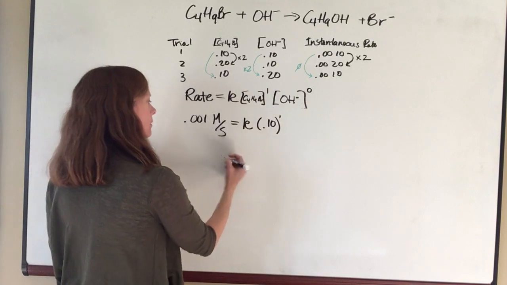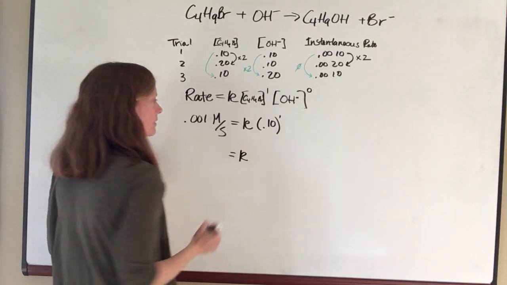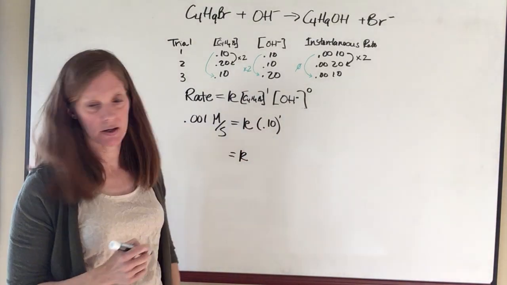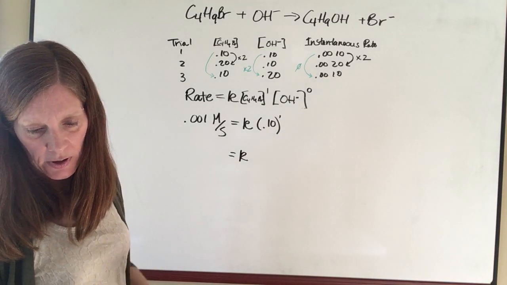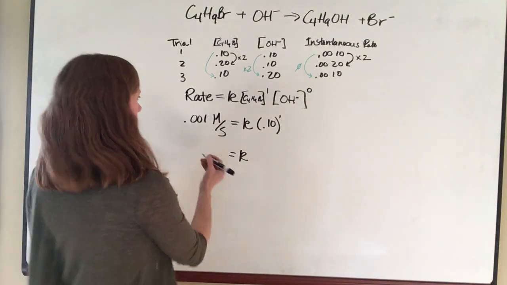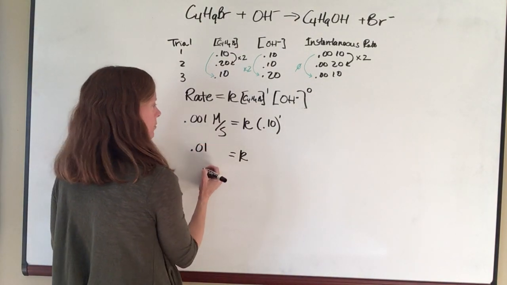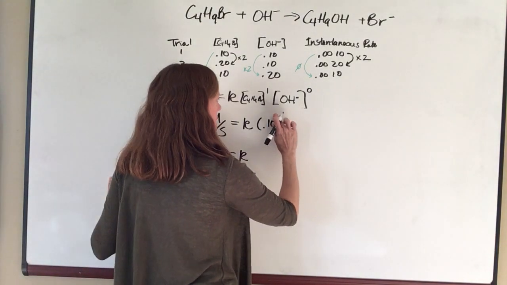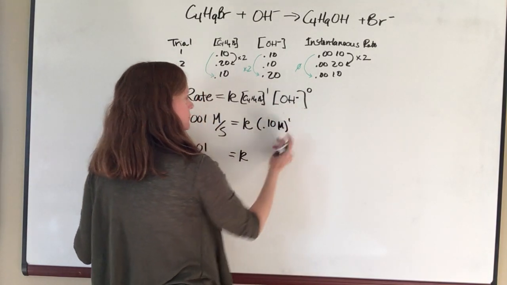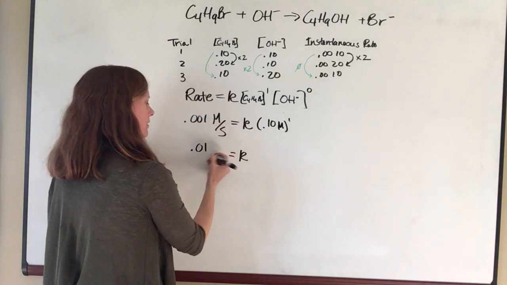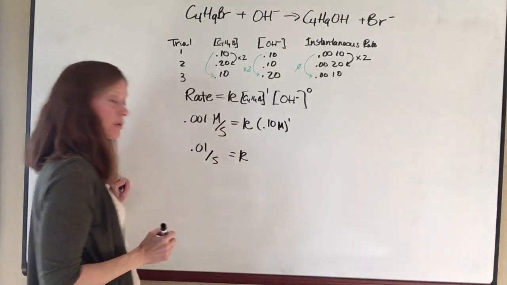So therefore, what this is going to be, my rate constant, if I take 0.001 and divide it by 0.1, that's going to give me 0.01, and I still didn't do it right, did I? I still forgot my molarity up there. And so this molarity into this molarity is going to give me units of per second.